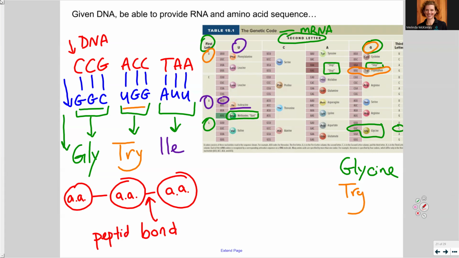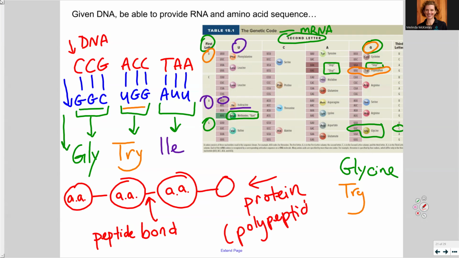Right? And then this growing chain, right? This is the protein that's being made. And another word for protein is polypeptide. Polypeptide. Okay. Some proteins have multiple polypeptides in their fourth level or quaternary structure.